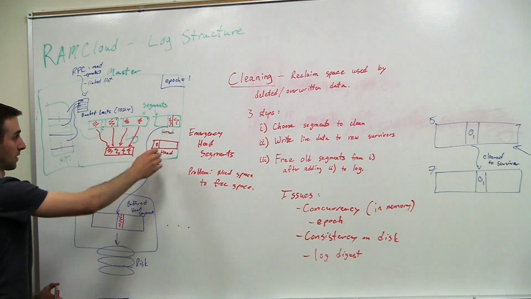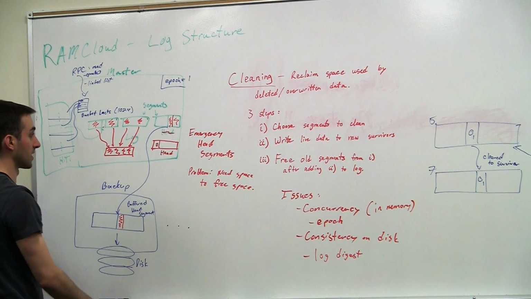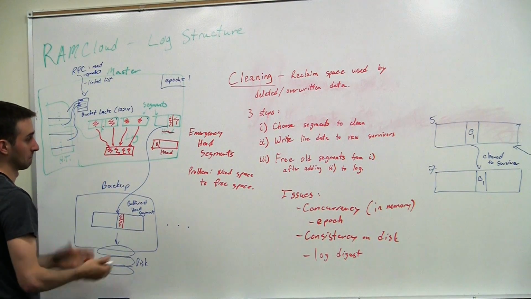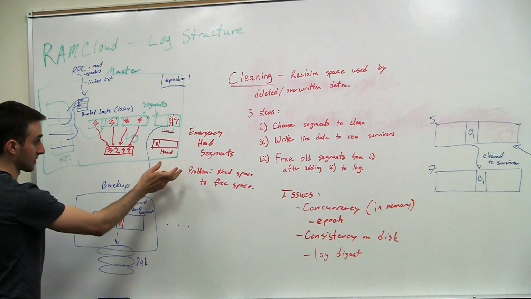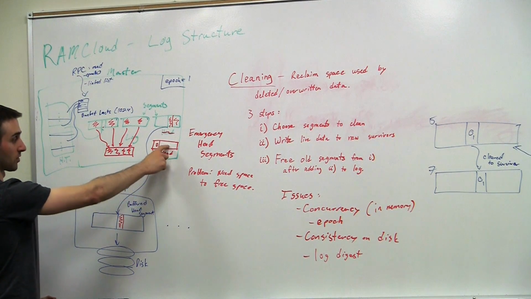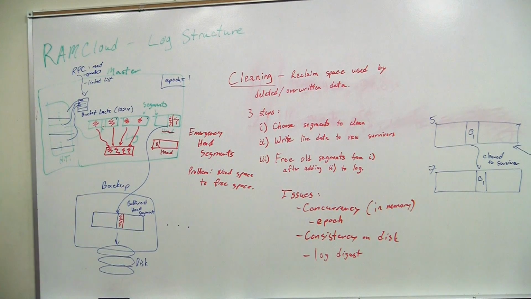If we're out of space and we want to free these segments, we can allocate one of the emergency head segments. If for some reason this didn't actually net us any free space, that would suck, but after the next cleaning pass we could use the other emergency head segment and drop the previous one out of the log. You can swap between these two.